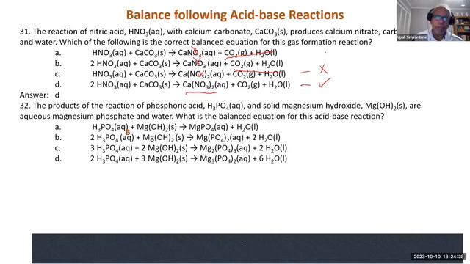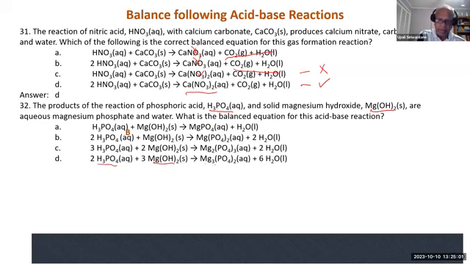You need to be able to balance acid-base reactions. Magnesium hydroxide, base, phosphoric acid. So check the balanced equation. You have to have the formula correct. This one is correct.